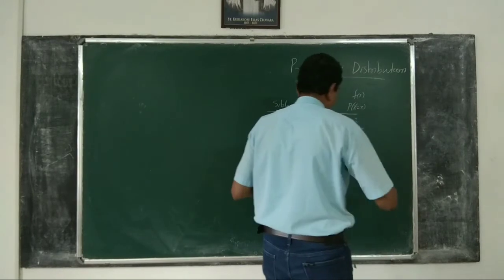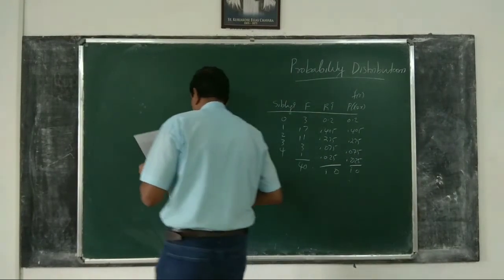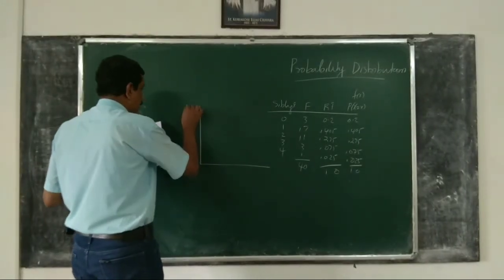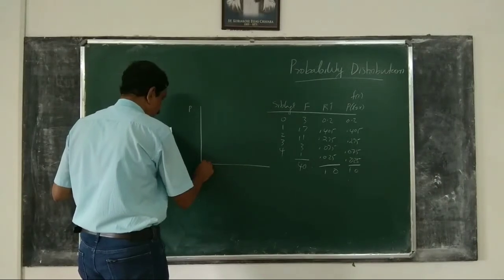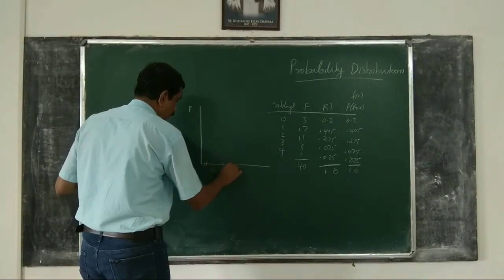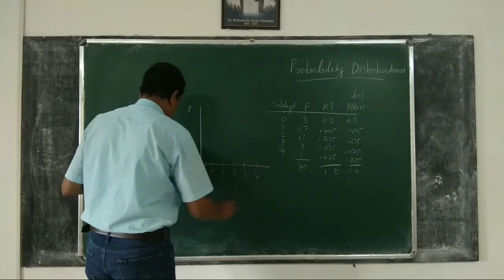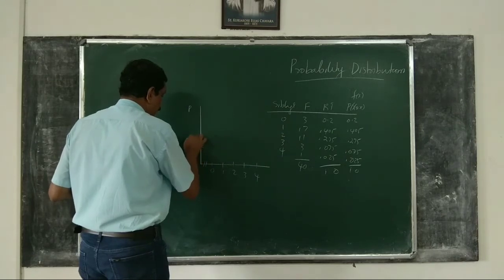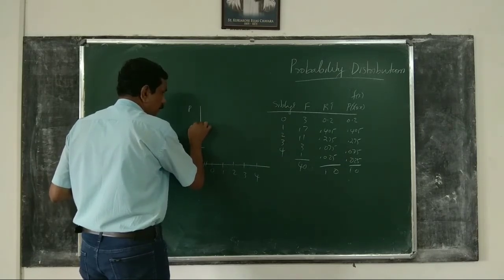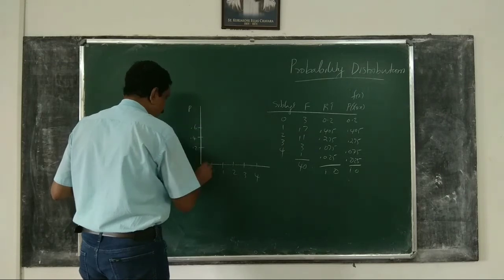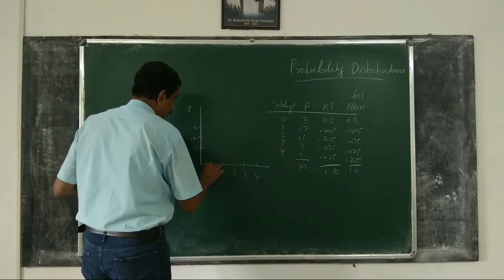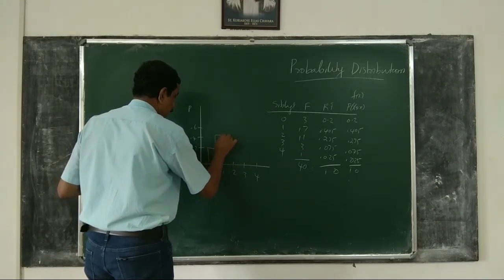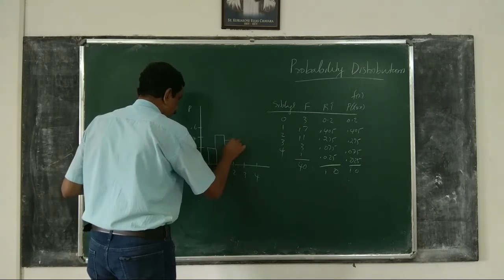And if you draw this in the form of a graph, you will get the probability histogram, with P on the vertical axis and 0, 1, 2, 3, 4 on the horizontal axis, with 0.2, 0.4, 0.6 and so on.